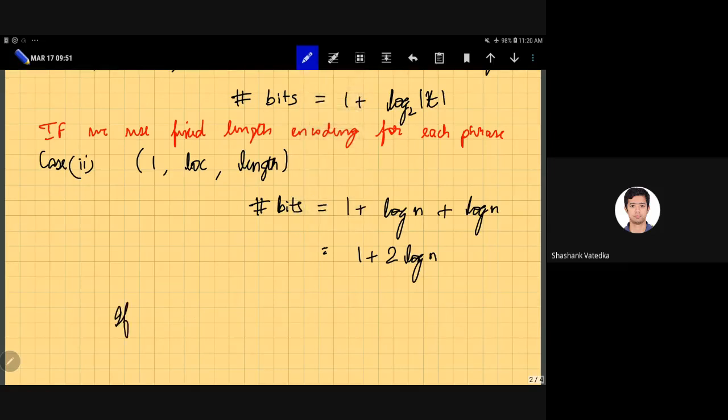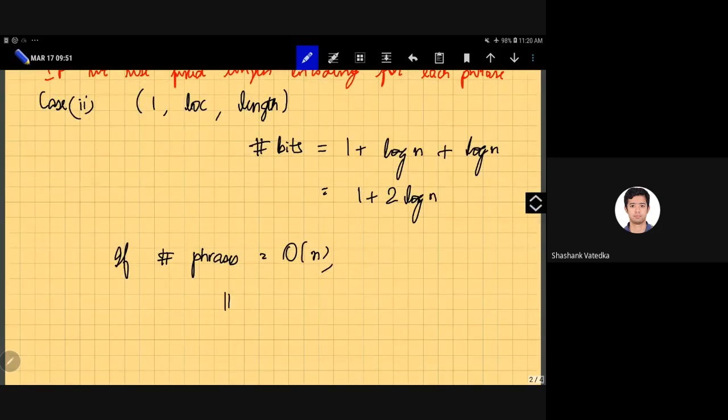So if the number of phrases is order n, then the total number of bits to represent it would be order n log n. So it means that we don't really get any compression. We're only blowing the size of the sequence up, and clearly that's not optimal.